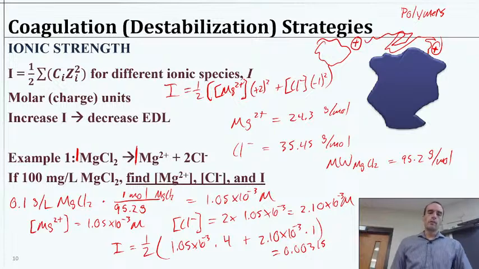And if you notice, this is essentially molar units, kind of. It's going to be like moles of charge per liter in some sense. So we could give it molar units, and that makes some sense. All right.